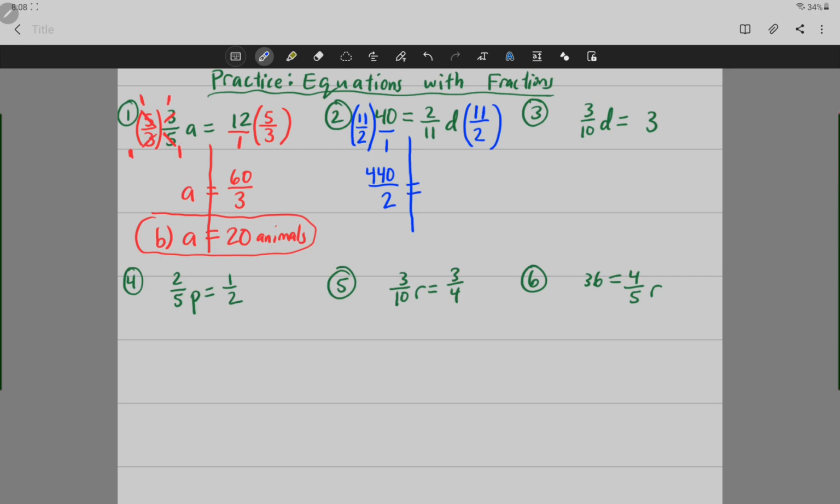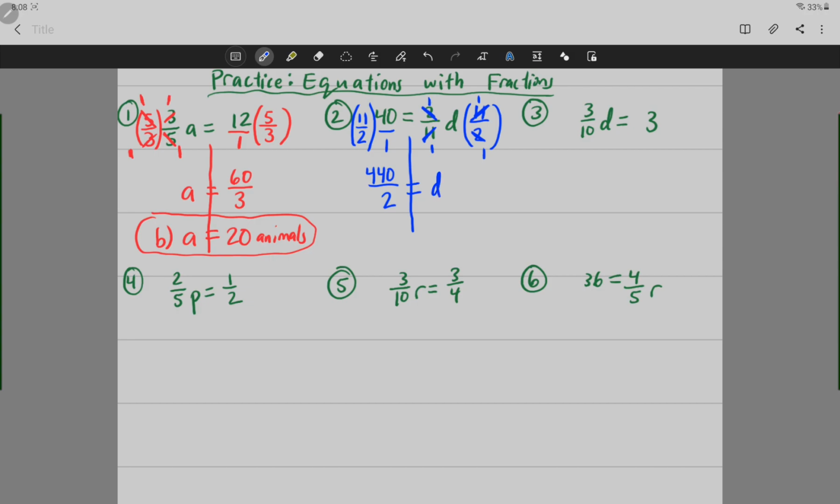Now, on the right side of the equation, remember when we multiply by the reciprocal with the fraction, it's going to cancel everything out, leaving us with our variable by itself. So we could just simply cross cancel. 2 divided by 2 is 1. That's 1. And again, 11 divided by itself, 11 is also 1.